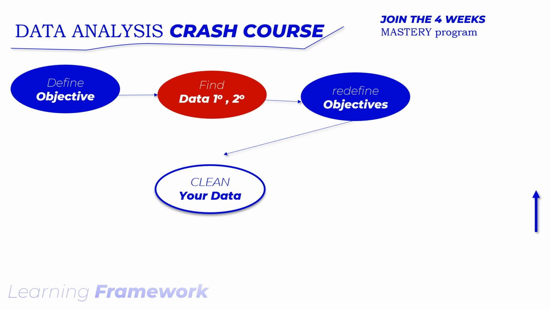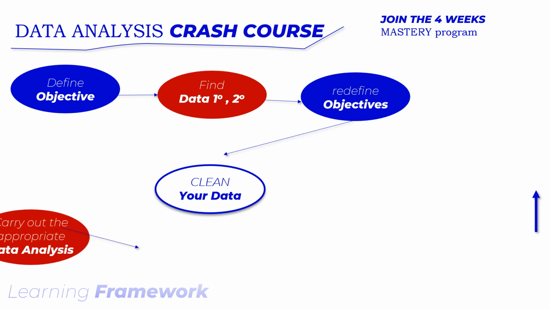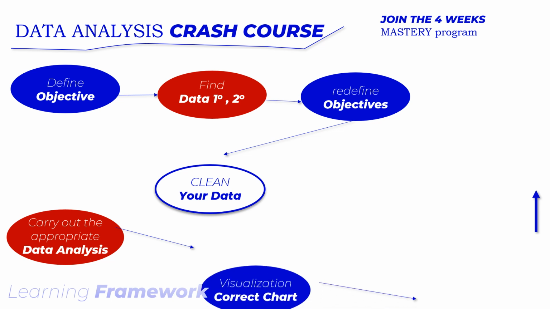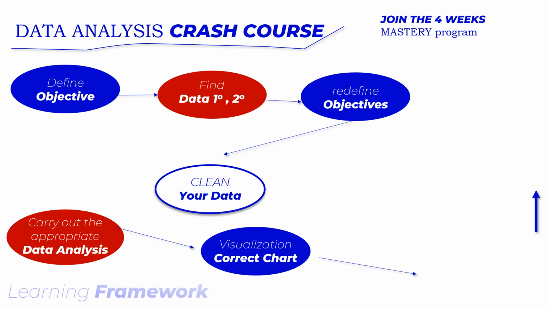It's very important that you clean your data. Then you have to carry out the appropriate data analysis that will help you to answer this objective. And then you need visualization to really understand the data. Then you need to interpret your data. So we are going to address all these processes that are involved in data analysis.